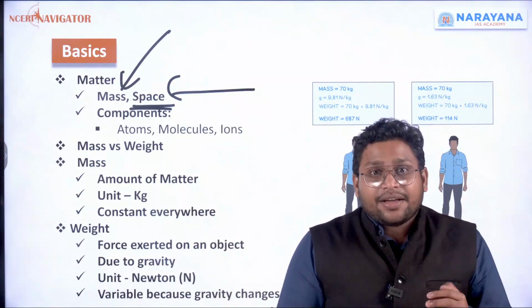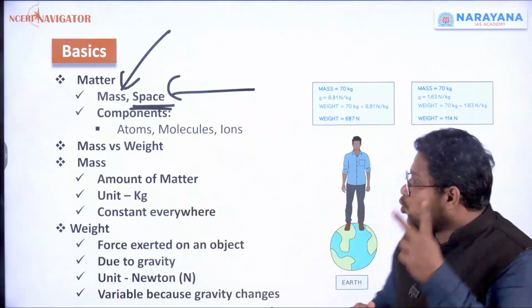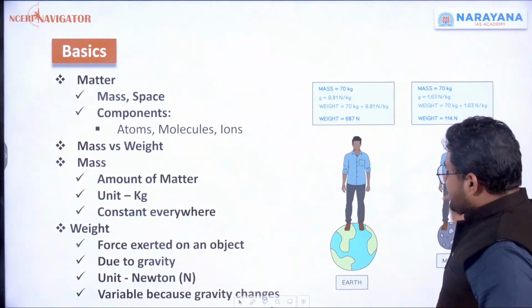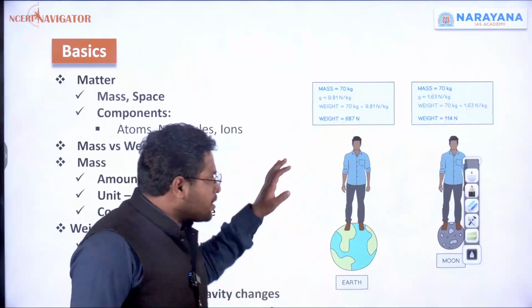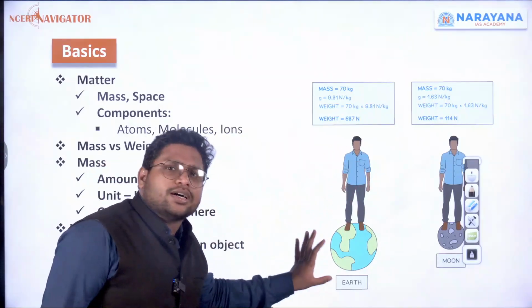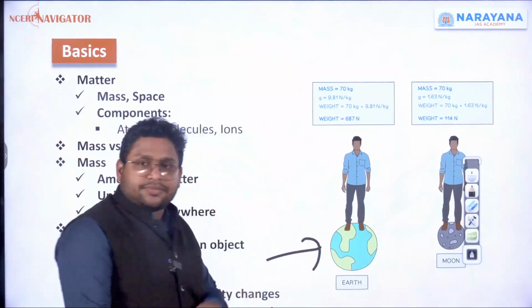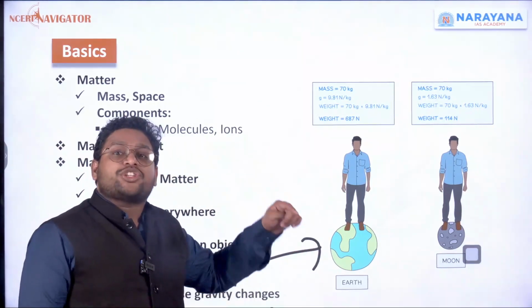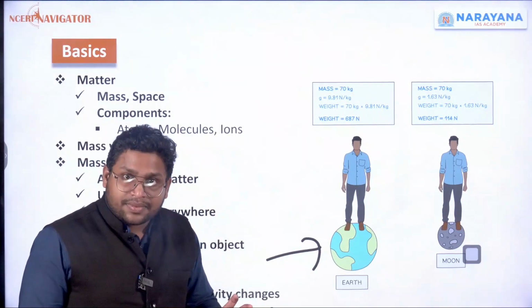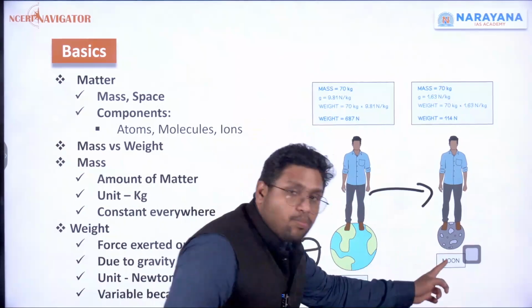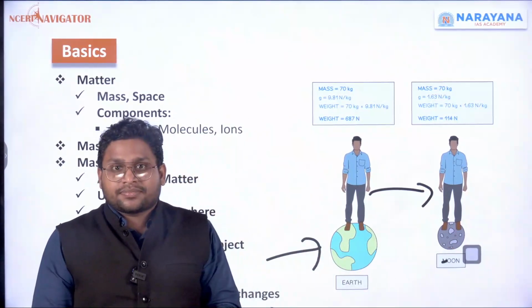In reality, mass and weight, these two are very different things. So let's say, for example, you look at this person who is there on Earth. The person is standing on planet Earth. Here, if you are checking the mass of this person, it will be exactly the same even if this person goes to the moon and checks his mass.